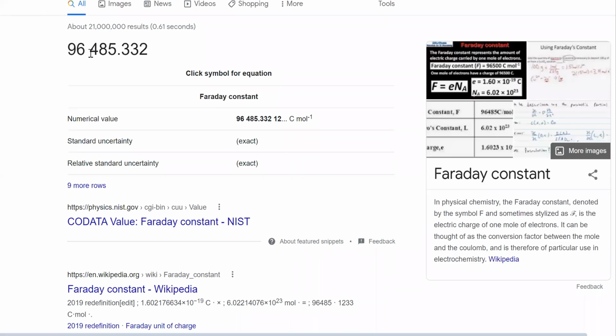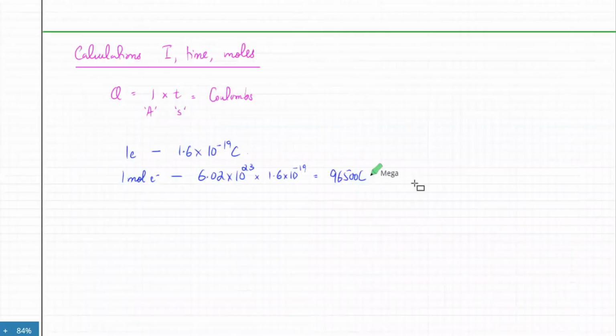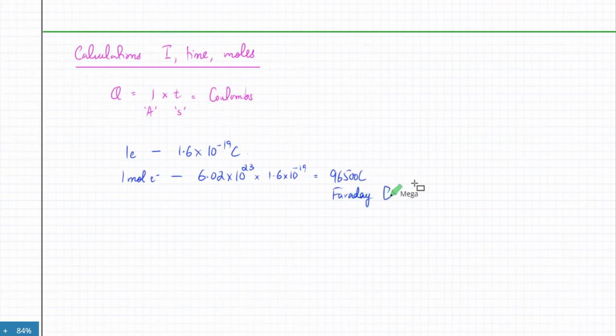It's not exactly 96,500, it's actually 96,485.3. So remember, these are rounded values. For you, what you have to remember is 96,500 coulomb. This value over here is known as the Faraday constant. So it's the charge on 1 mole of electrons. And that's your Faraday constant.